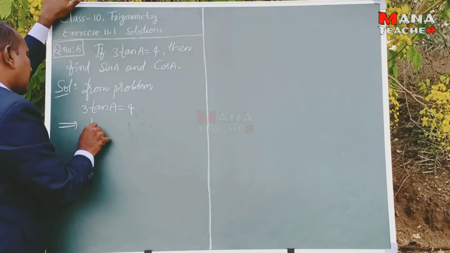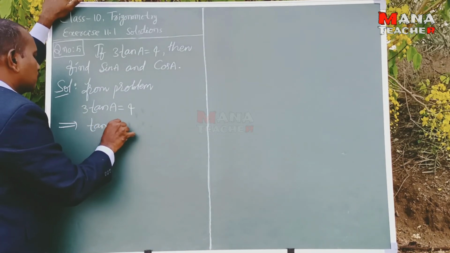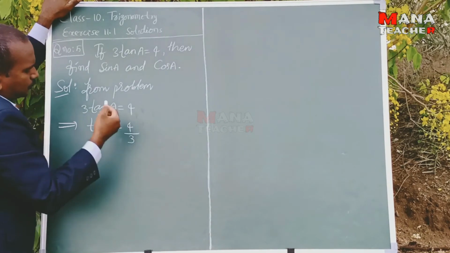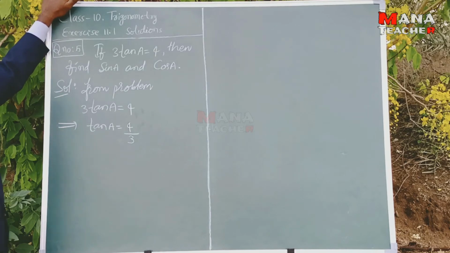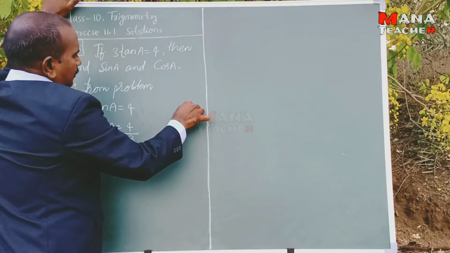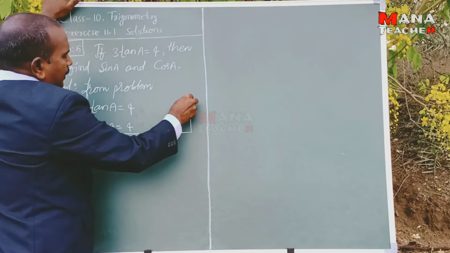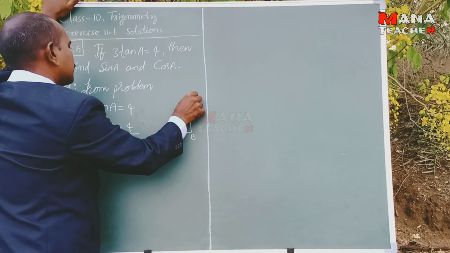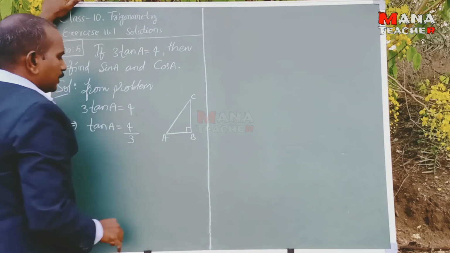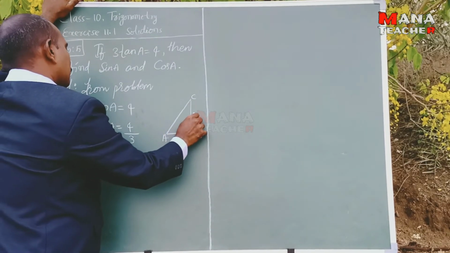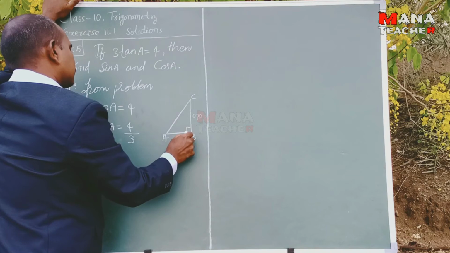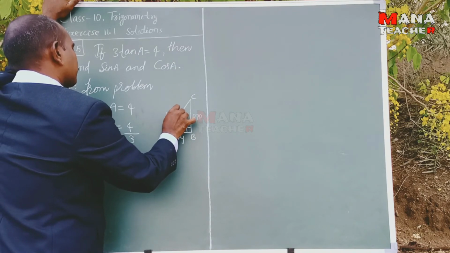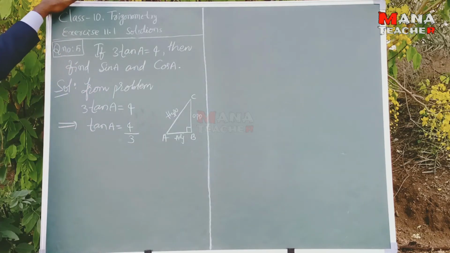Now tan A equals 4, this 3 will be the denominator. So tan A equals 4 by 3. From the figure, the right angle triangle, this is A, this is B, this is C. Here opposite, adjacent, and this is the hypotenuse.